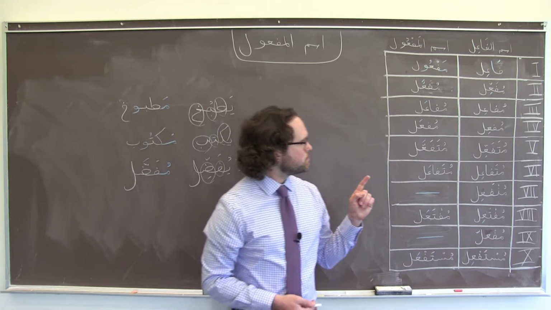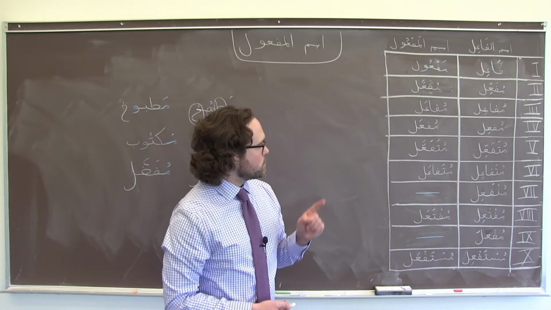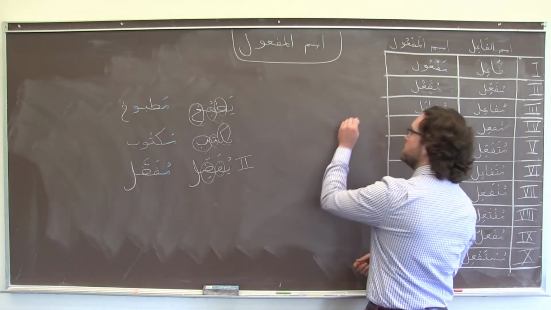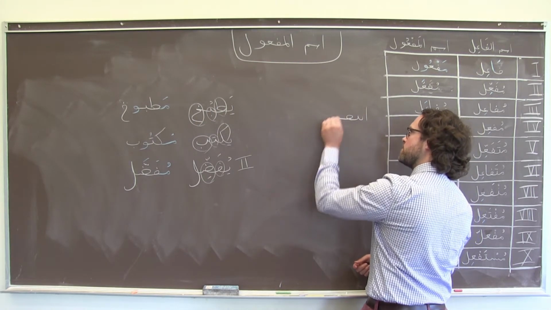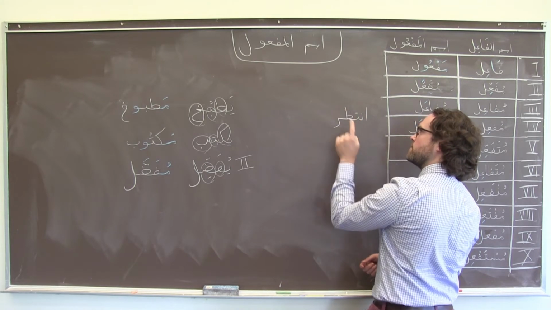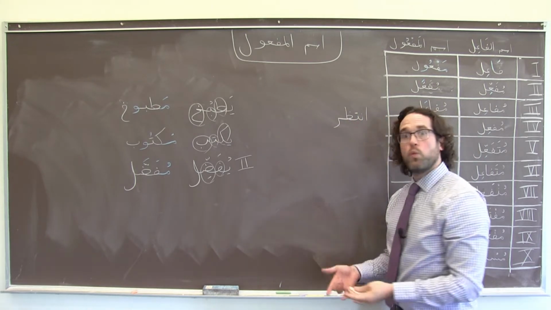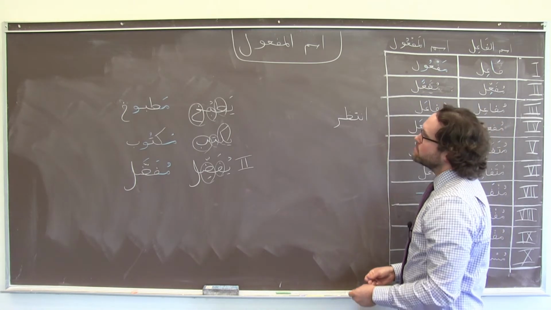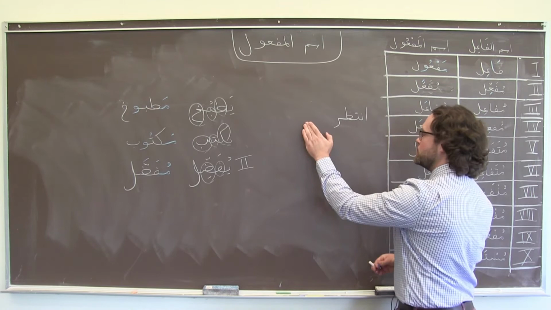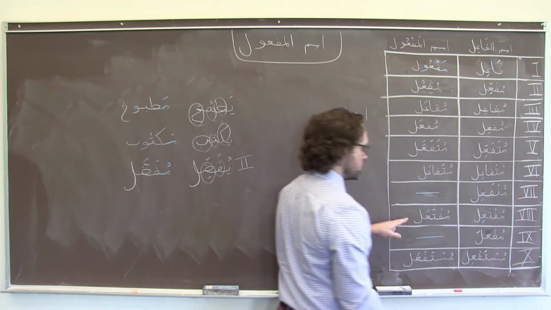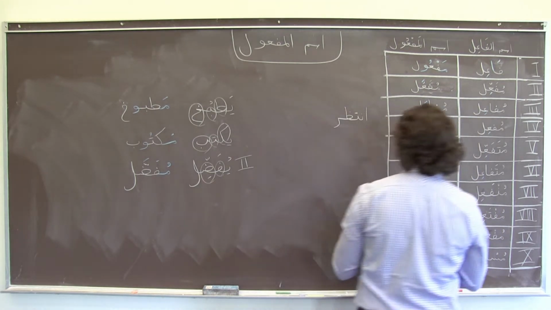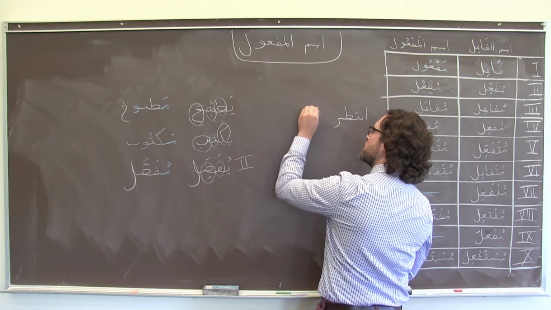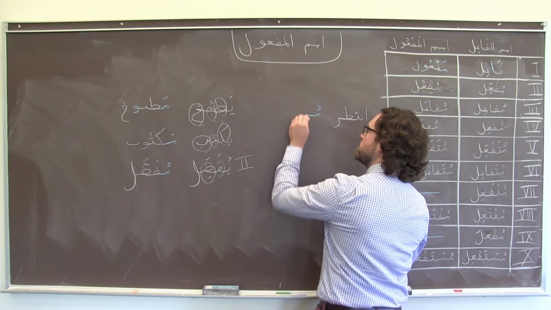Another example, there's a form 8 verb, intadhara. That's in the past, meaning to wait for something. Now, if we take it and we put it into its ism maf'ul pattern here, we get muntadhar.